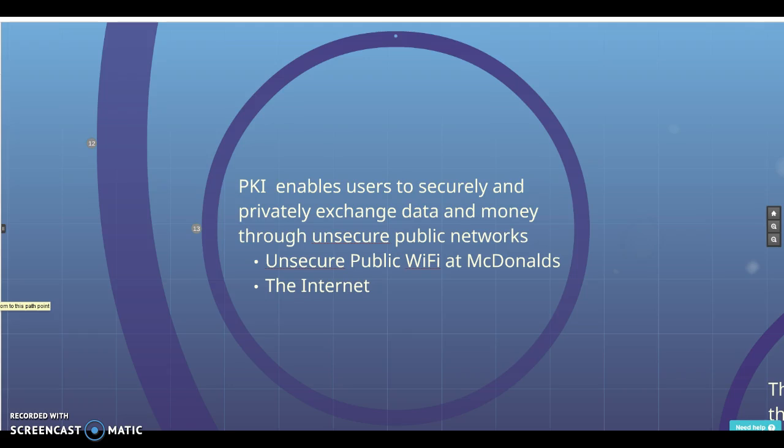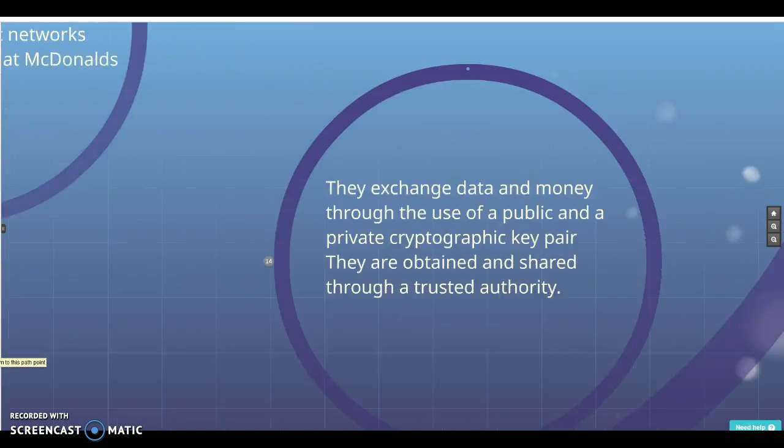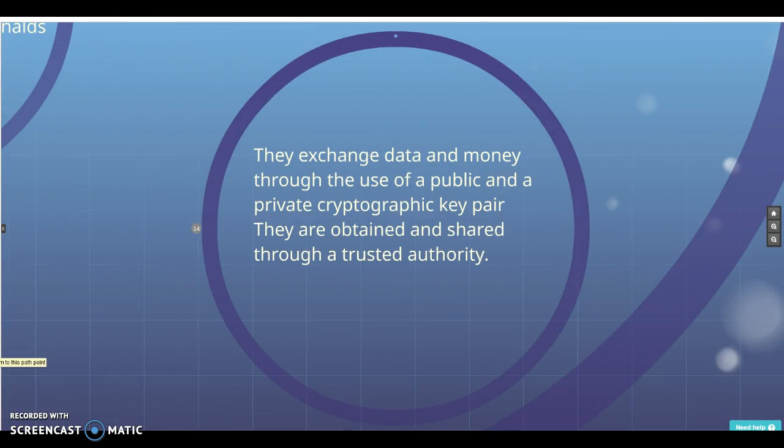Unsecure public Wi-Fis at McDonald's, Starbucks, Target, Walmarts, or even the internet. And they exchange data and money through the use of a public and a private cryptographic key pair. They are obtained and shared through a trusted authority.